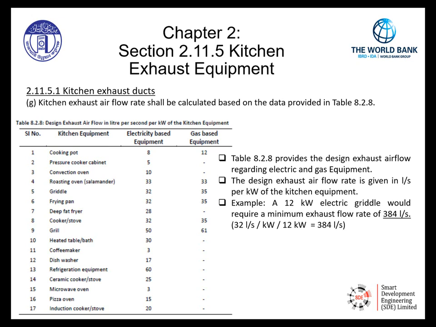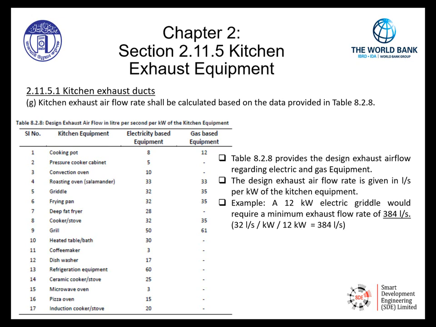Those values are in liters per second per kilowatt of the kitchen equipment. As an example, a 12 kilowatt electric griddle would require a maximum exhaust flow rate of 384 liters per second.